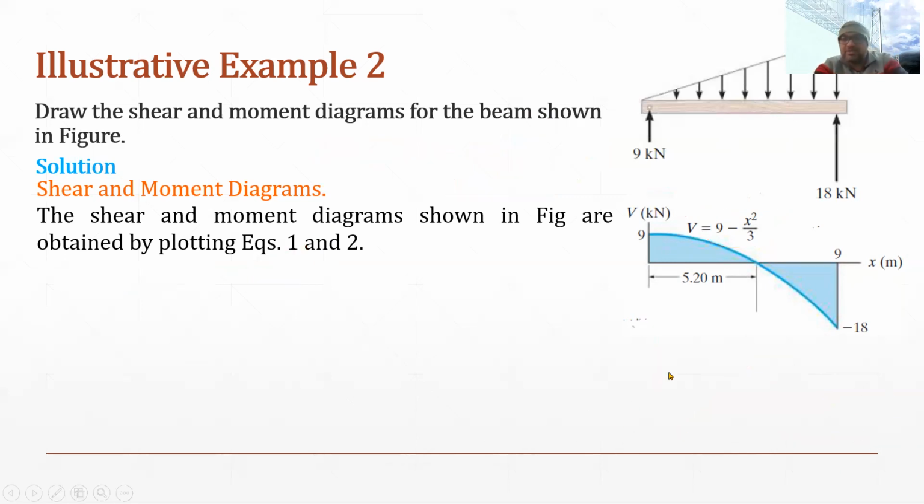But before that, you can notice in the first diagram of shear force that the shear force changes sign at this point. Before this it was positive, and after this point it will be negative. The length to the point where shear force changes is already shown here, but how do we find this length?